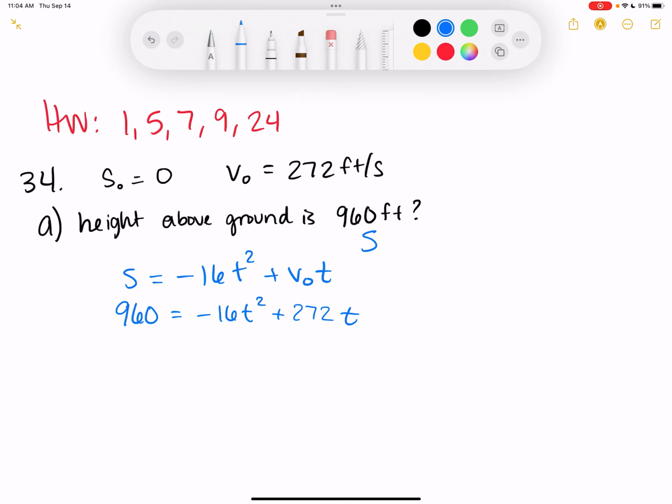And so then moving this stuff over, I'm just subtracting 960 from that. Now, I would say always start out by checking to see if the negative 16 can be taken out, because a lot of times the book is nice and it can, and it makes your life a lot easier.